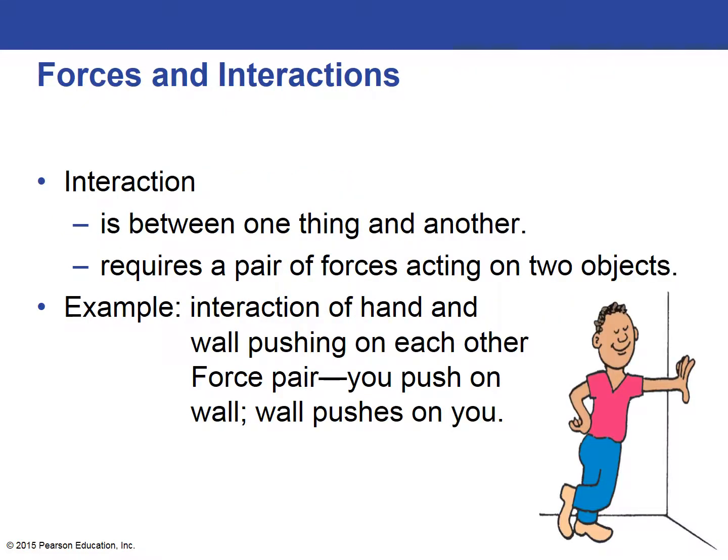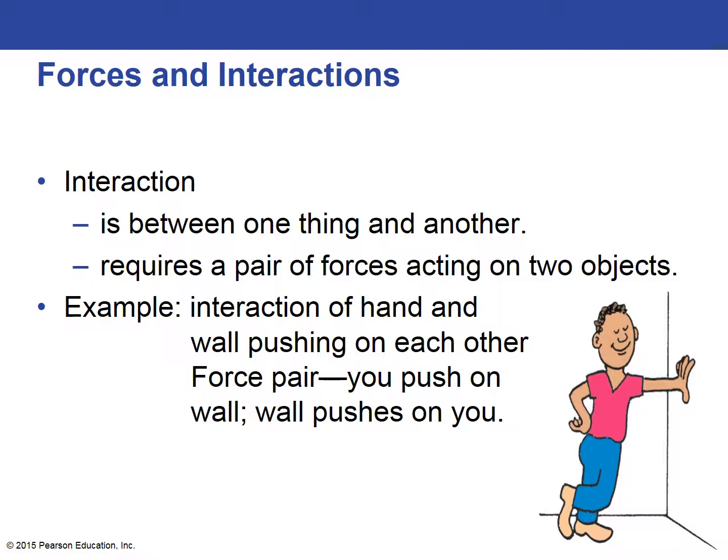Now, in this slide, we see a man pressing his hand against a wall. The way we describe Newton's third law in this example is that as the man pushes on the wall with some force, the wall pushes back on the man, and those forces are equal and opposite.